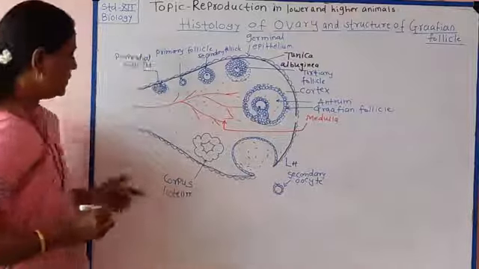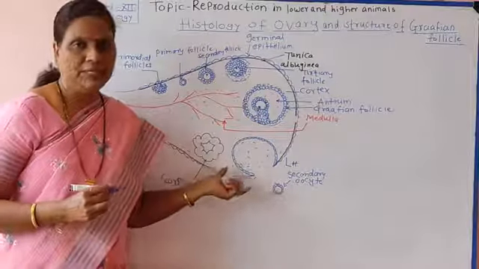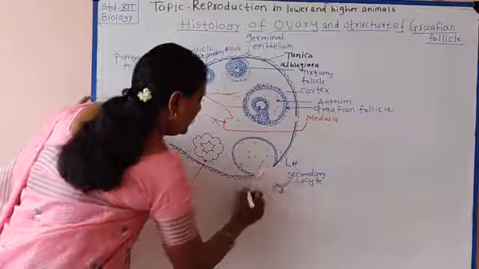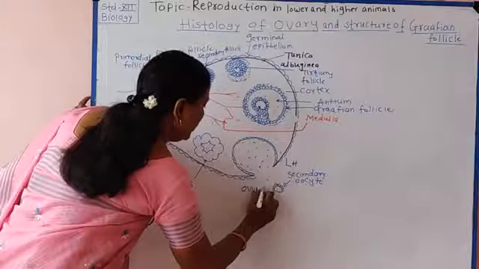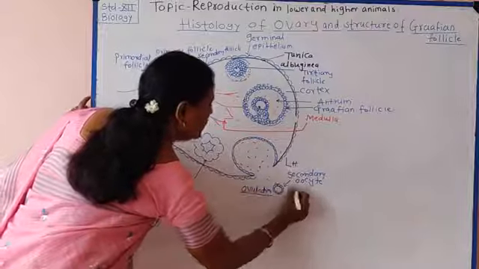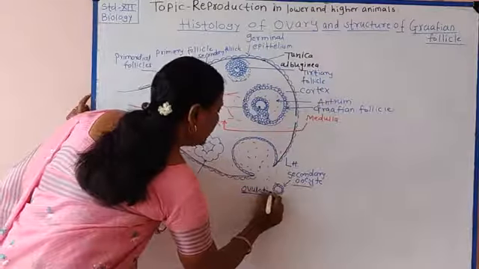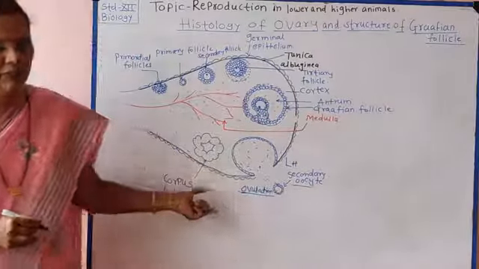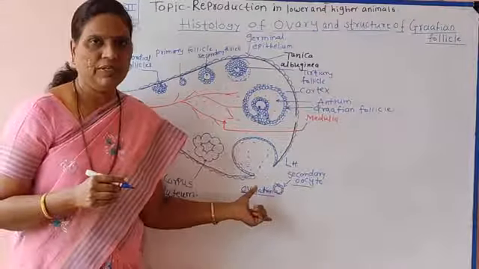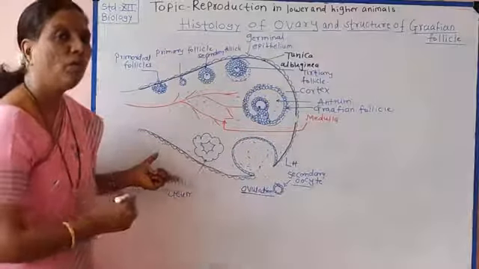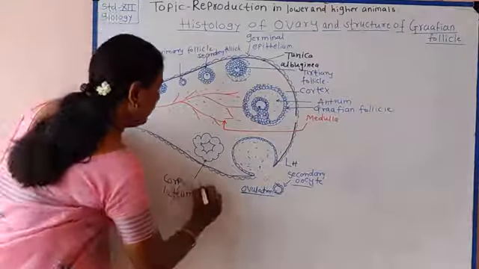Now this corpus luteum, if fertilization takes place after ovulation, this is the ovulation, and this is the secondary oocyte which is formed, and after ovulation if the fertilization takes place in the next 72 hours, then the corpus luteum secretes the hormone progesterone.